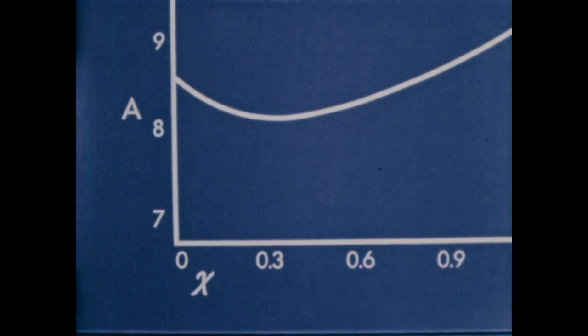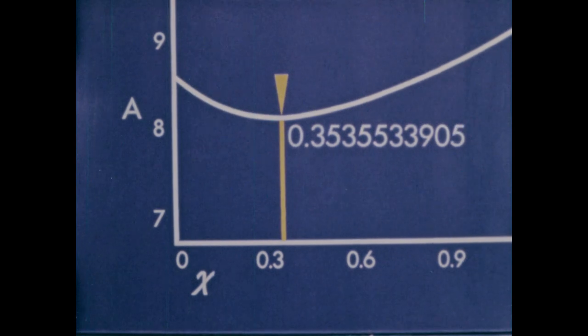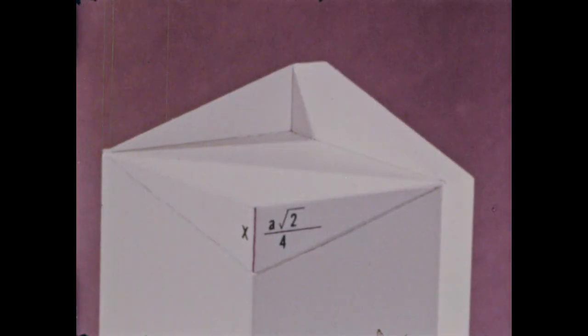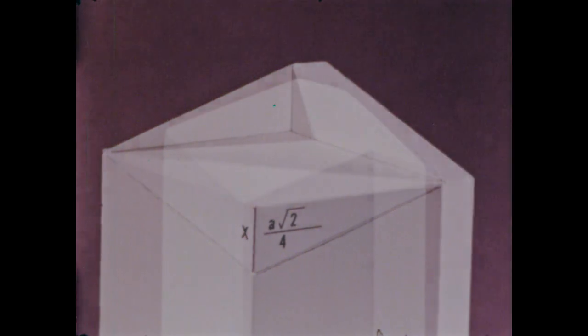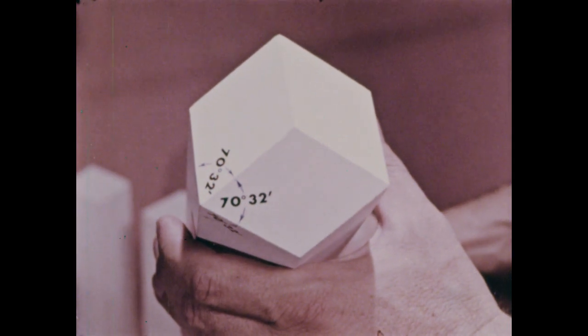This process yields the precise point where the surface is at a minimum. With complete generality, this occurs when x equals a, the length of a side, times the square root of 2 divided by 4. The cell then has the shape the bee uses with the angles of the rhombi that Maraldi gave.